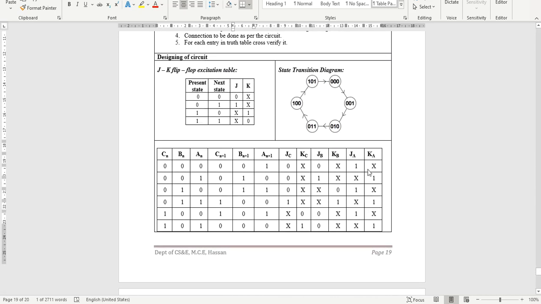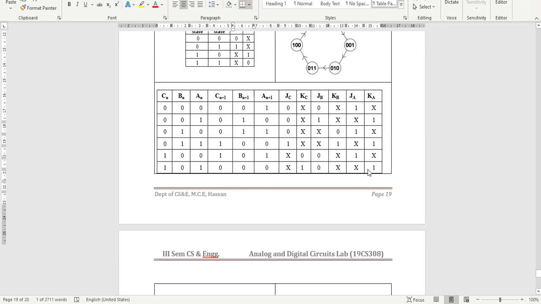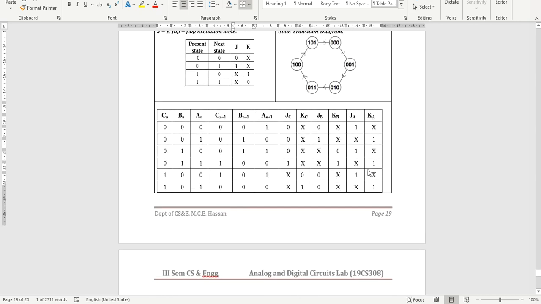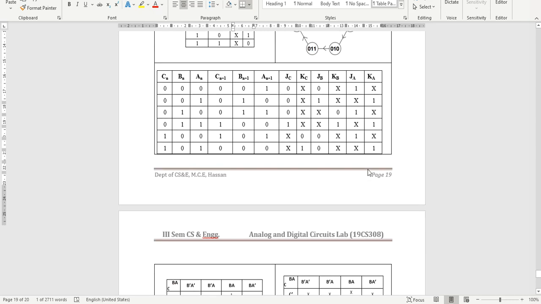For this counting sequence generation, we have presented a procedure for getting the final expression for designing this sequence using JK flip-flop. You are all familiar with designing the counters.